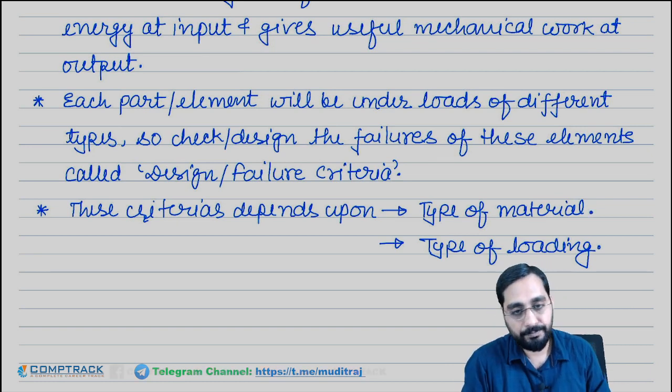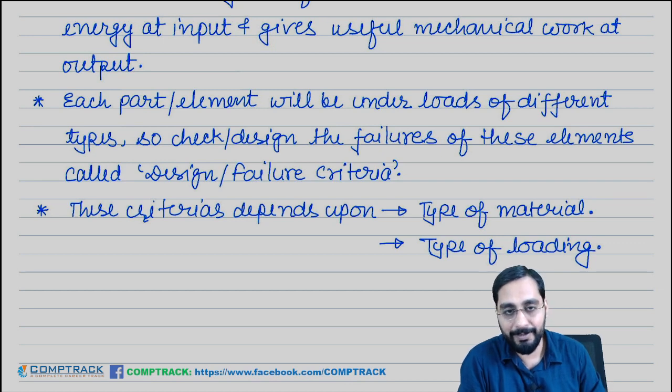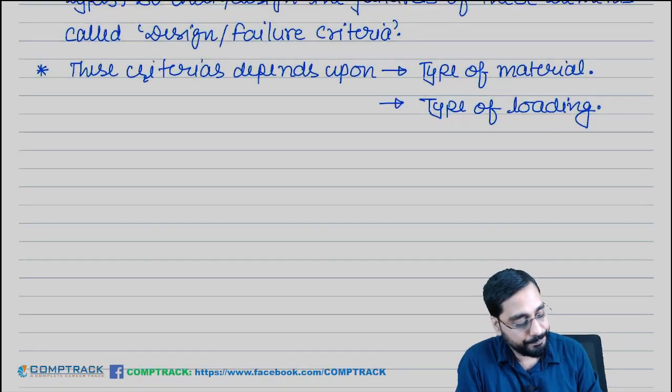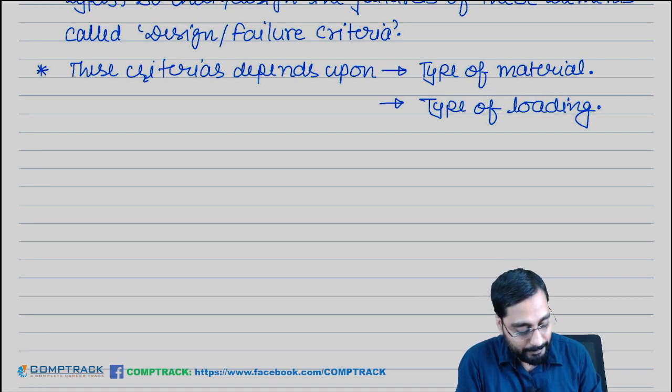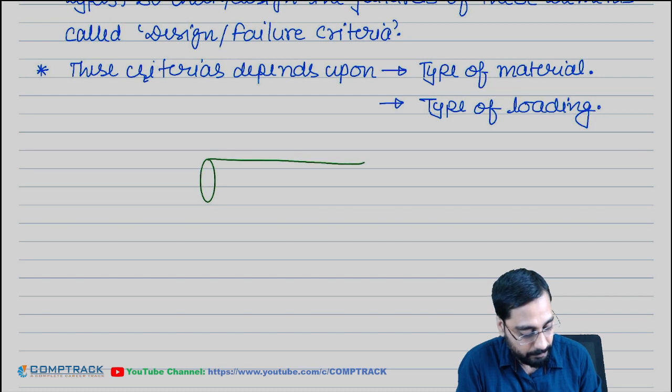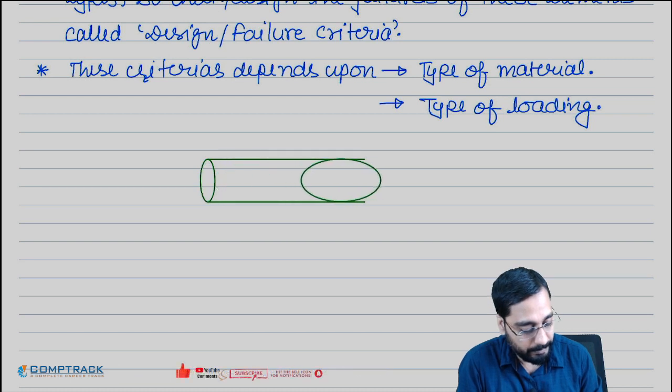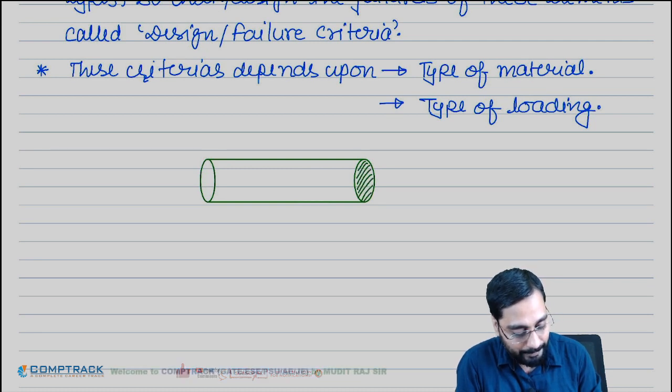Okay, type of loading. For example, let's say this is a shaft or axle which is to be used in any machine, and there can be many loads on it.